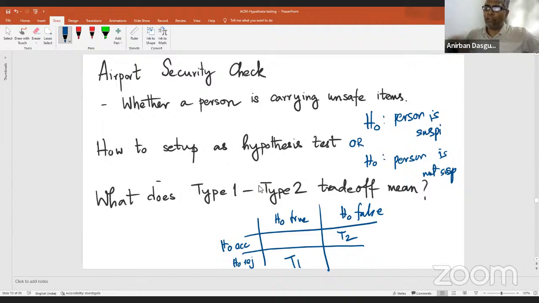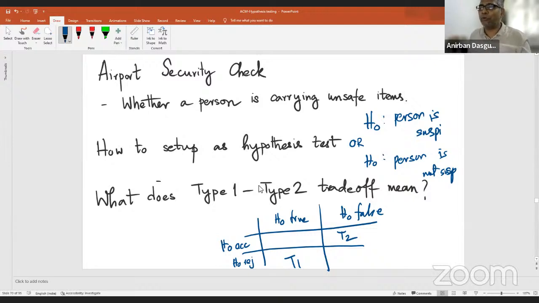Only if the volume of the blip is very large are you perhaps rejecting H0. Now you should think about the cost of a false positive versus a false negative. Which of these two errors is more expensive? Type 2 would be more dangerous. You're right, and a type 2 error you cannot really control.